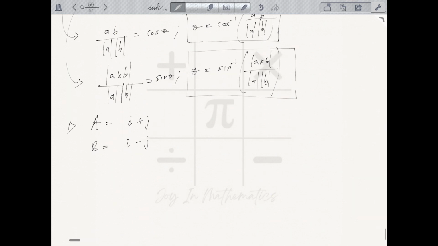So let's begin. The first thing we will evaluate is the magnitude of A. The magnitude of A will be the square root of 1 squared plus 1 squared.